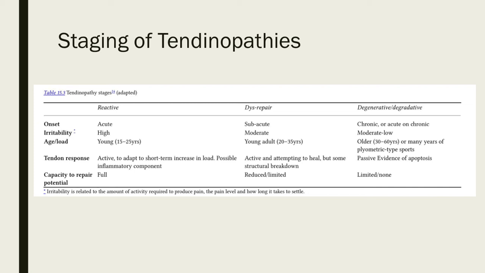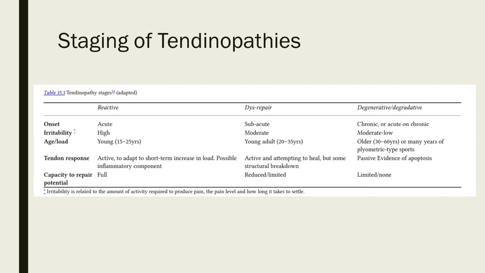In the disrepair phase, our tenocytes are trying very hard to keep up with further increases in load, and there can be excessive demand that leads to areas of tissue breakdown. Within the degenerative phase, we see large-scale tenocyte death, or apoptosis, with major disorganization of that collagen framework.